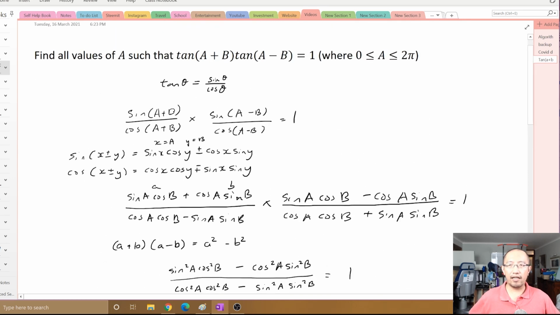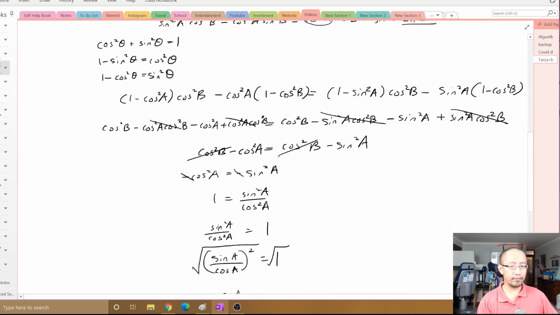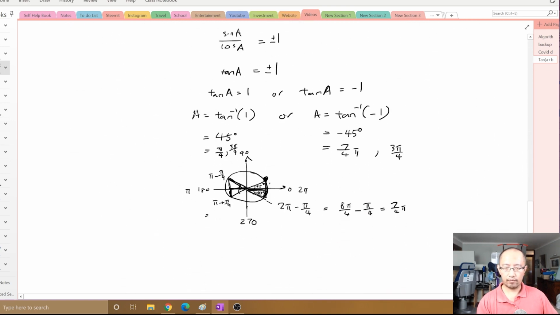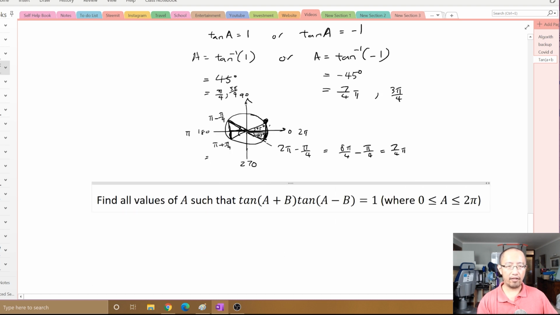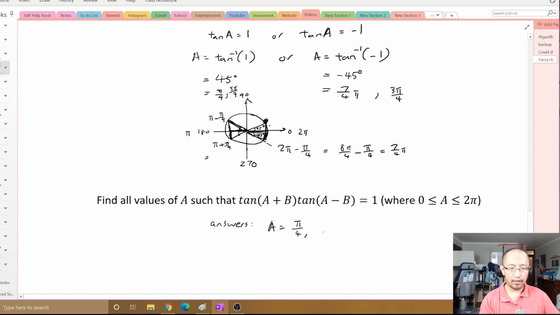Let's just copy that down. Copy this bit down again and check that out. Okay, so we got answers. A equals pi over 4, 5 pi over 4, 7 over 4 pi, 3 pi over 4.